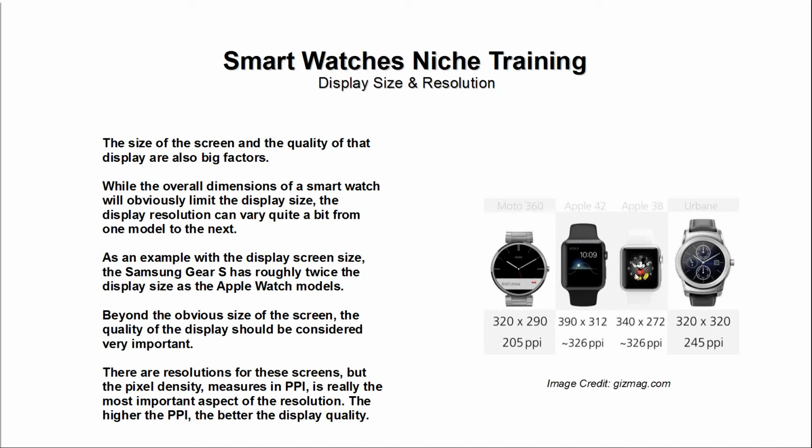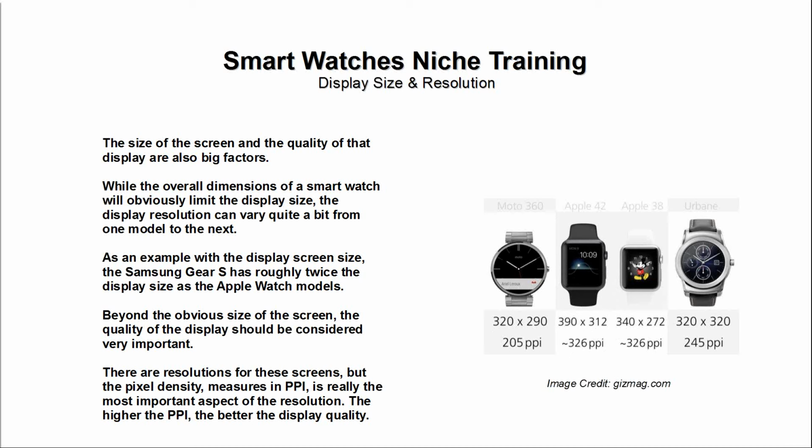Despite this difference in the size of the screen, the quality of that display is actually better on the Apple devices. They have a 326 ppi, whereas I believe the Samsung Gear S has a 300 ppi.